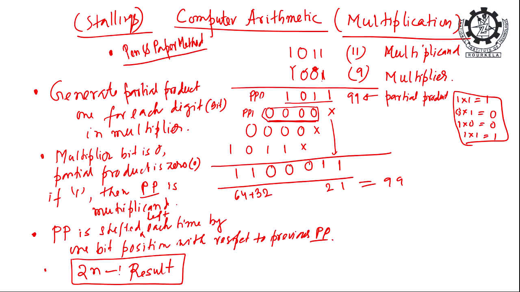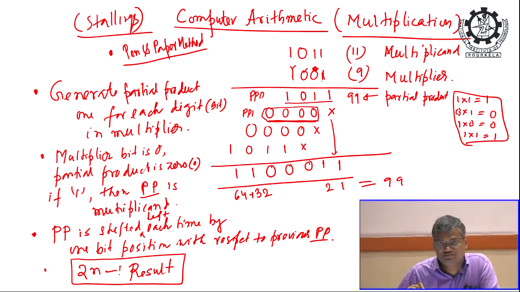We are shifting on the left side, right. With respect to the old one, we are shifting on the left side. Instead, what we will do is, these partial products will shift on the right side.